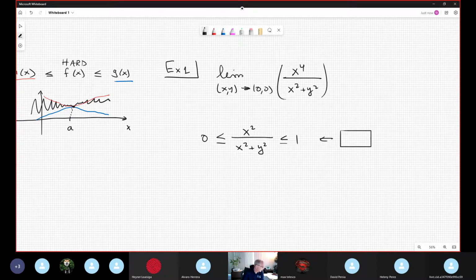You see, but you forgot, professor, that this is 4 and this is 2. I am not sure that 4 satisfies this, but I am sure mathematically that something divided by something plus another quantity is in between 0 and 1. I am 100% sure.